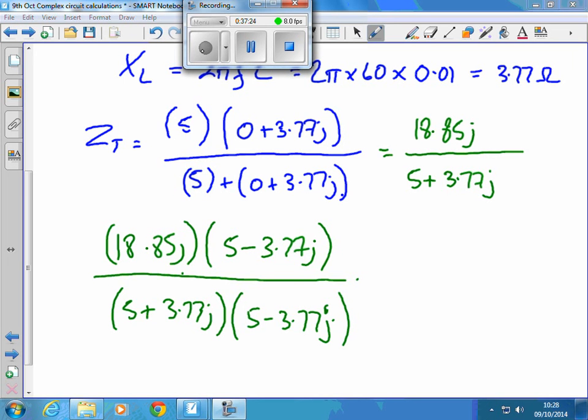Because 3.77 times minus 3.77 is a negative number, but then that's multiplied by J squared, which is minus 1, so you end up with two positive numbers added together. So the result of that bottom is 5 squared plus 3.77 squared.